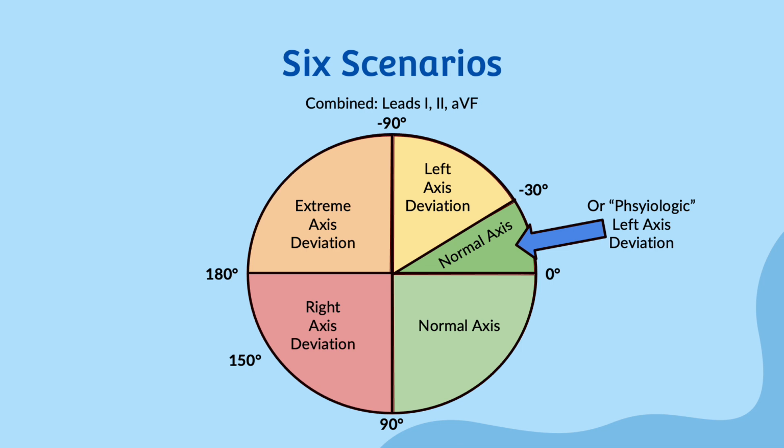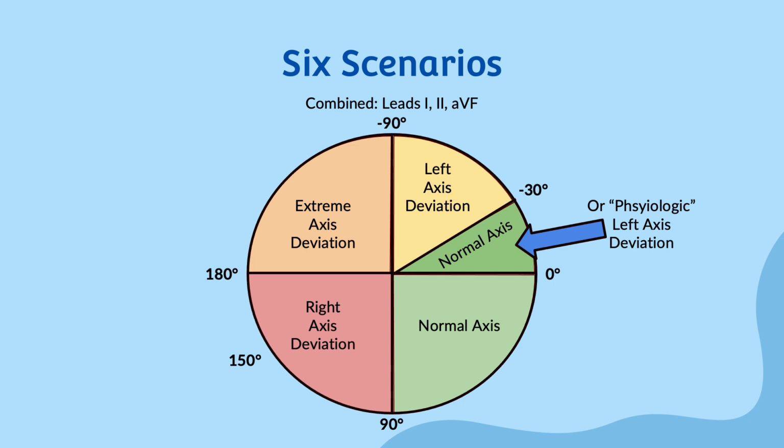In our third scenario, lead 1 is positive, so we know that we can rule out the left half of the circle. Lead AVF is negative, which means that we are looking at an area between 0 and negative 90 degrees again. In this scenario, however, lead 2 is positive, meaning that the only area satisfying the criteria of all three leads falls between 0 and negative 30 degrees.